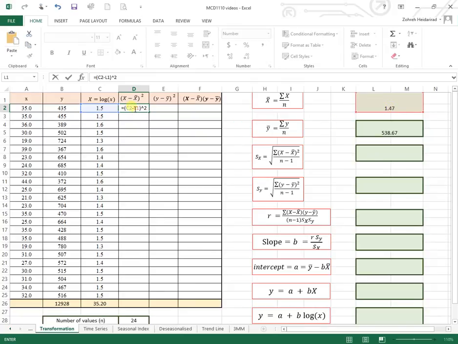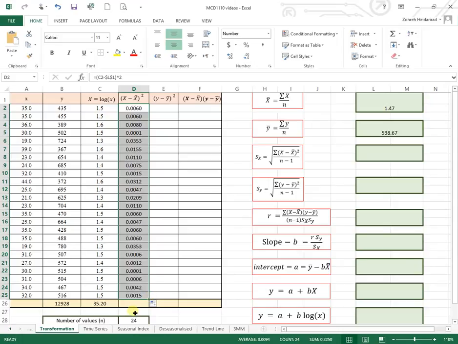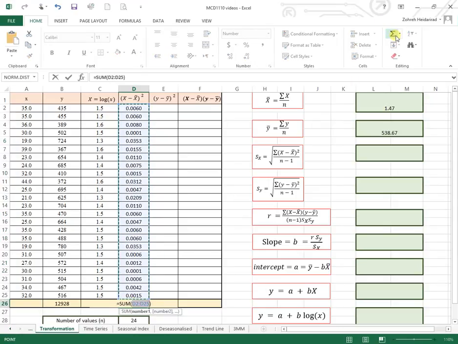But here, the cell which includes the mean of x values should be an absolute cell. So we put $L$1 to have an absolute cell. Now ready to drag this down and apply it to the rest of the cells. And then we need the total of them in order to calculate the standard deviation.